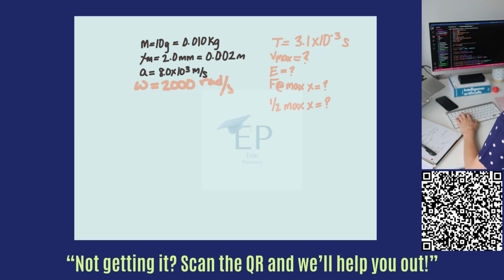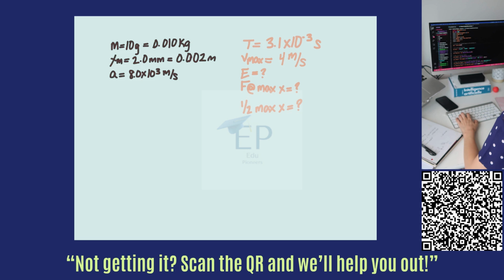So we work through the equation velocity equals omega times our displacement. We can substitute in our omega, which is 2,000 rads per second, and we also already have our displacement, 0.002 meters. So our max velocity is actually going to be 4 meters per second.